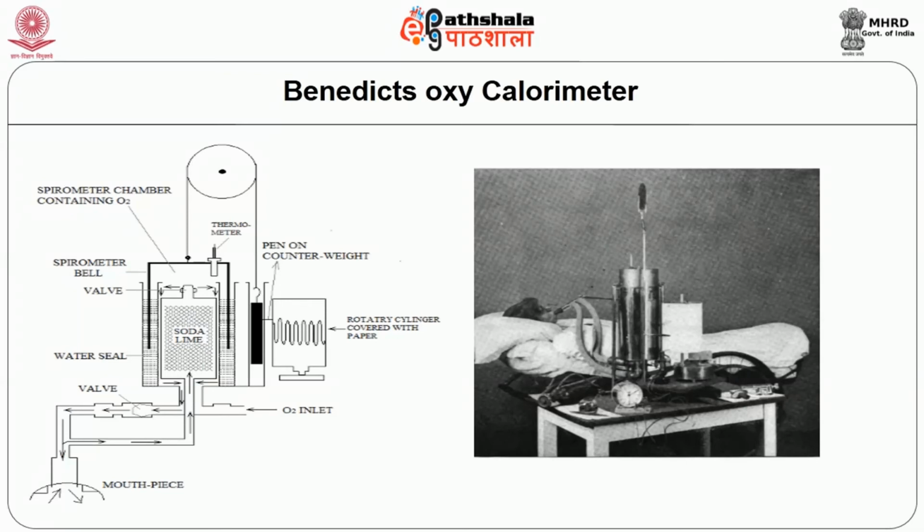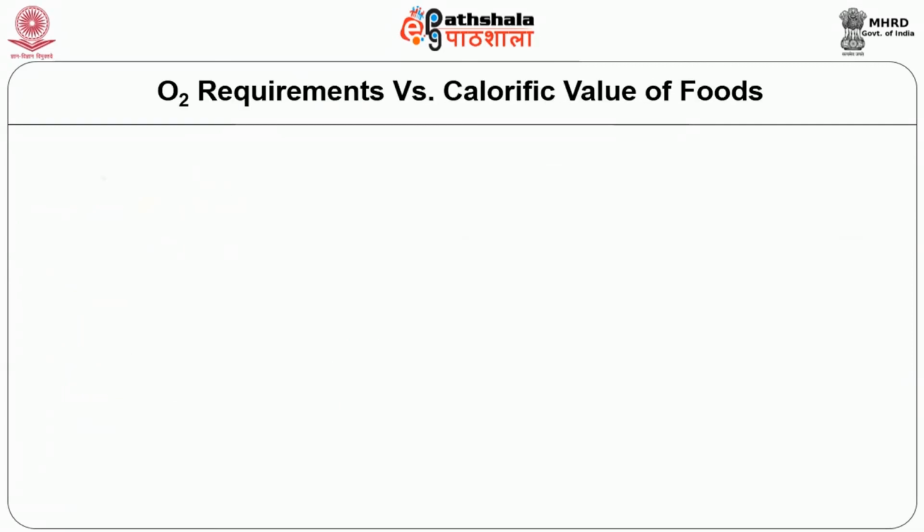Using this instrument, the amount of oxygen consumed in burning 1 gram of pure carbohydrate, fat and protein can be determined. Now we shall see the relationship between oxygen requirement and calorific value of foods.